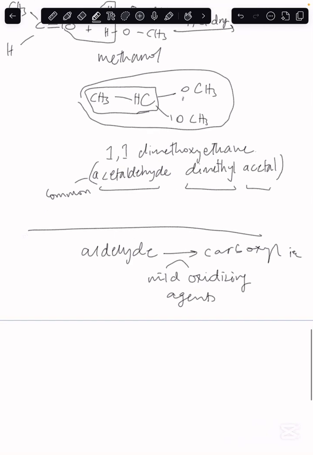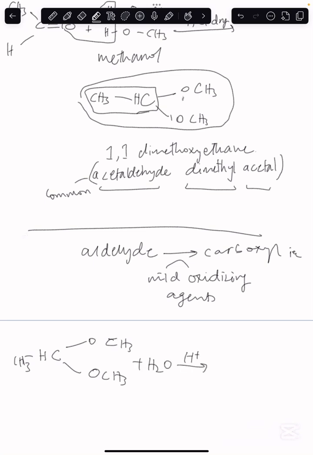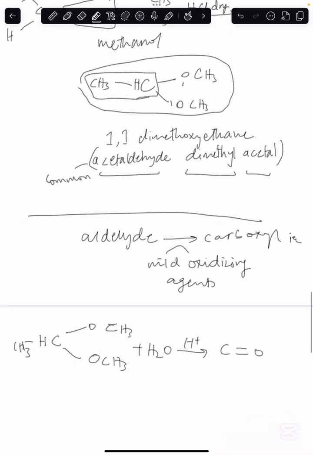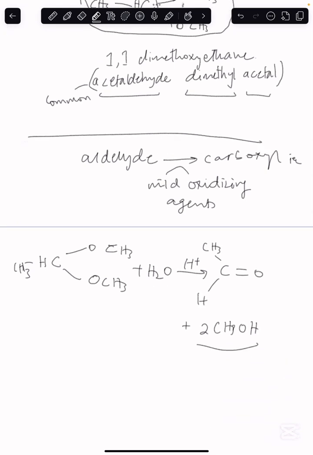So to regenerate the aldehyde, we will use the 1,1-dimethoxyethane again to hydrolyze it, and then it will form the acetaldehyde molecule again with 2 methanol molecules.